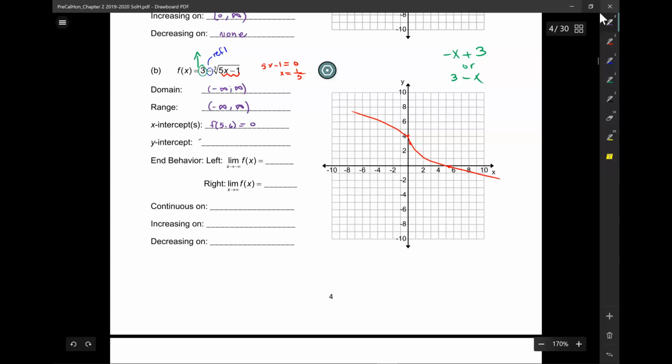Y-intercept, I'm just going to write it here. We could have done 3 minus cube root of 5 times 0 minus 1. And that gives you 3 minus minus 1, which is 4. So it's at, I'll just write it this way, 0, 4.